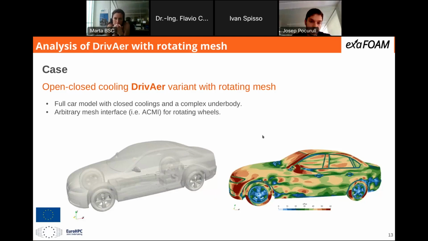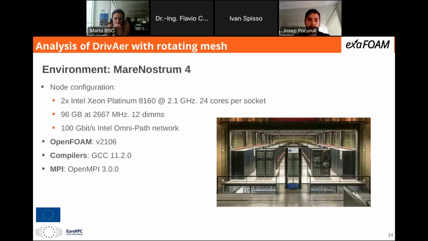So in this case, for the execution, we used MareNostrum 4, a supercomputer that we have here in BSC in Barcelona, Spain. And this is a configuration of the nodes. For the case, we used OpenFOAM version 21.06.